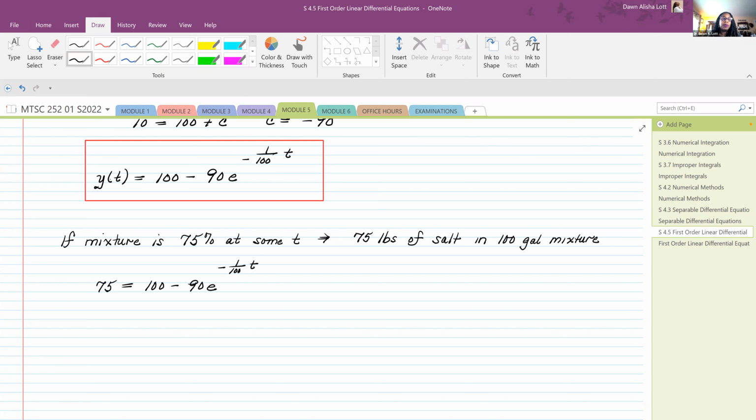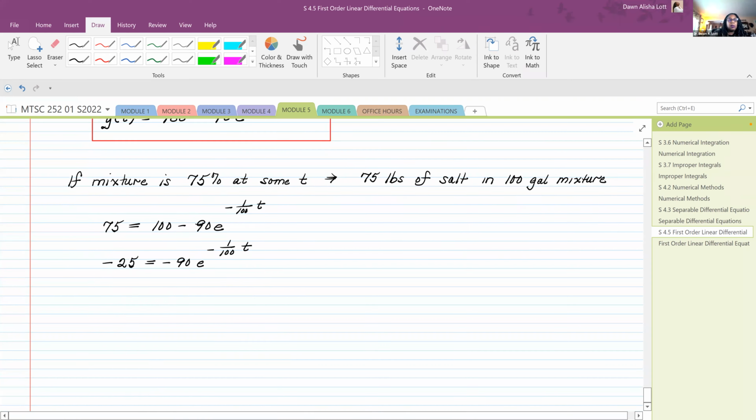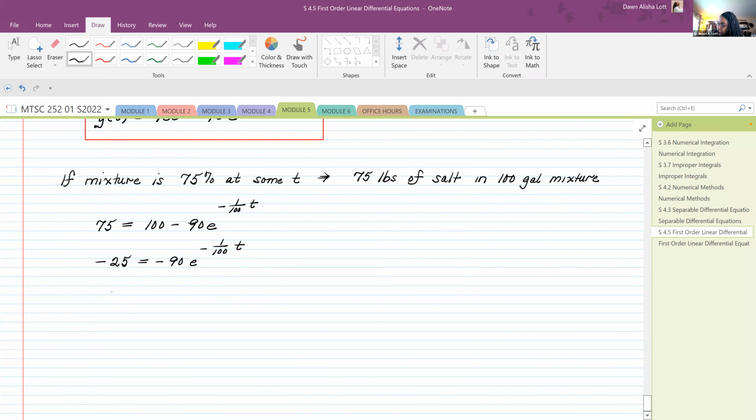Subtract 100 from both sides. Negative 25 is equal to minus 90 e to the negative 1 over 100 t. So now I get 25 over 90 is equal to e to the negative 1 over 100 t.